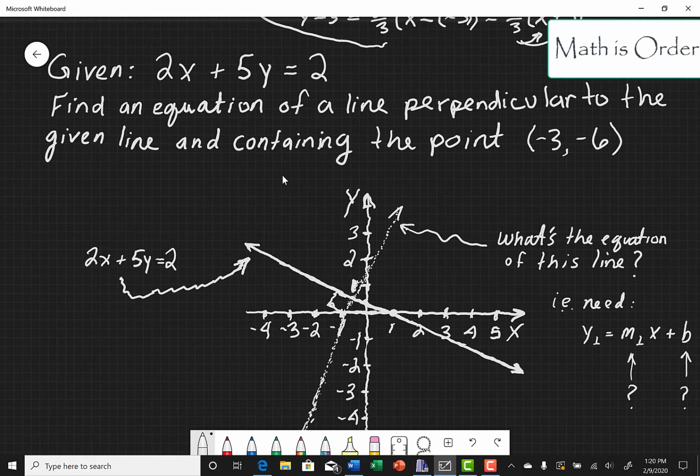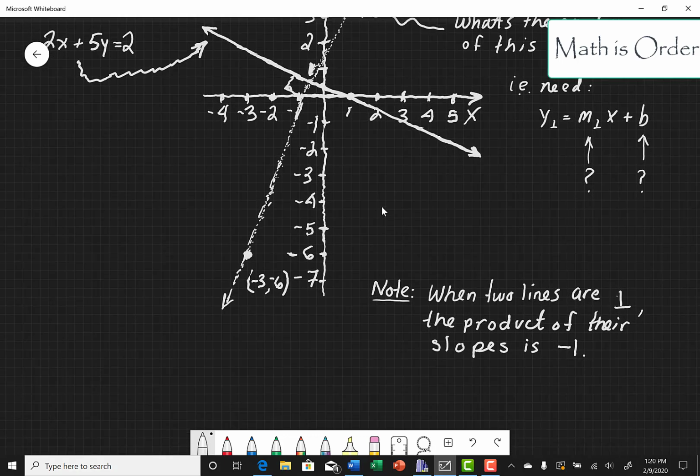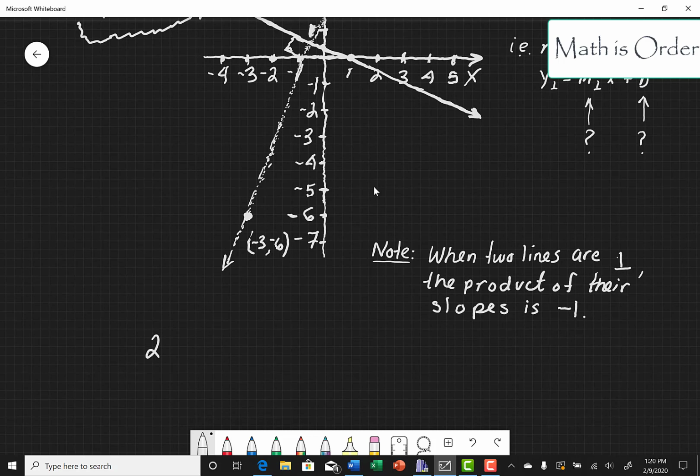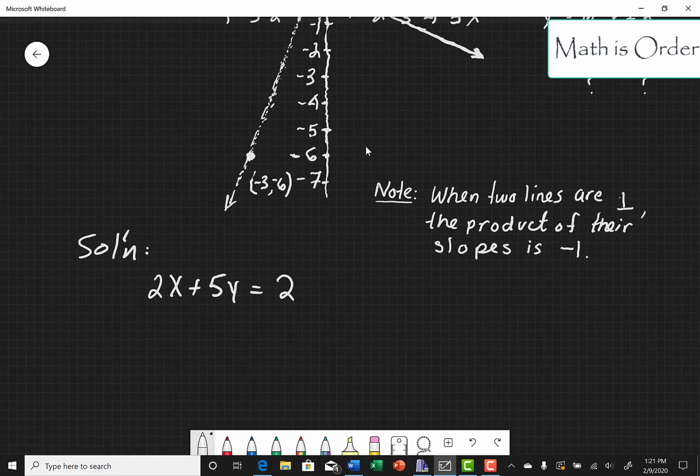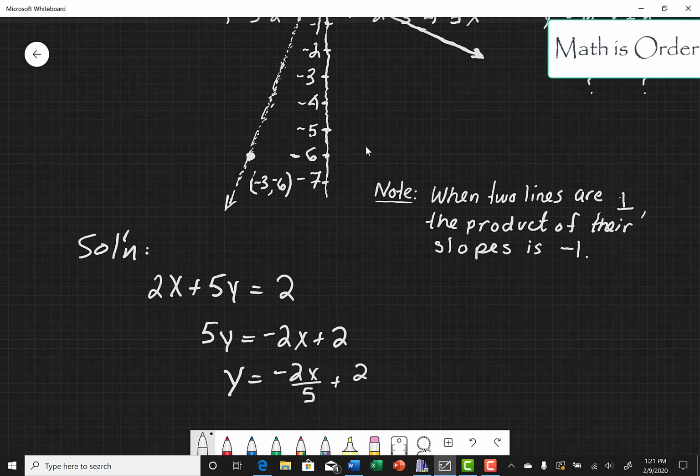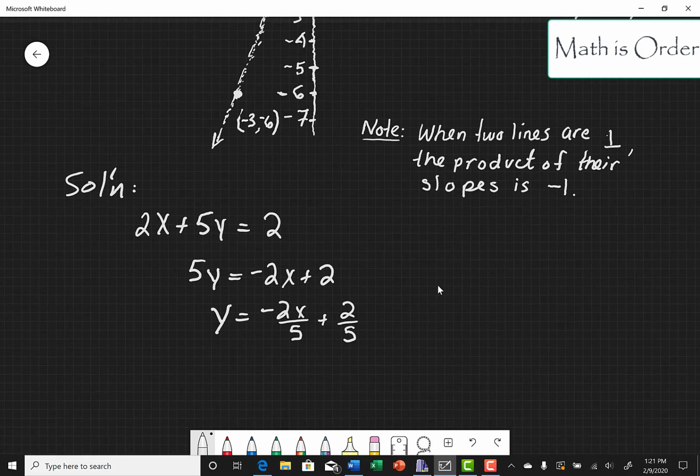So let's do that first. Alrighty, so the slope here looks like it is -2/5.